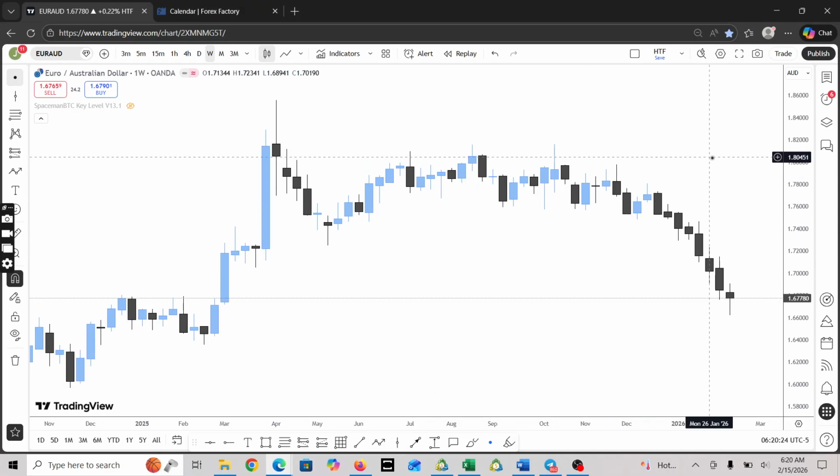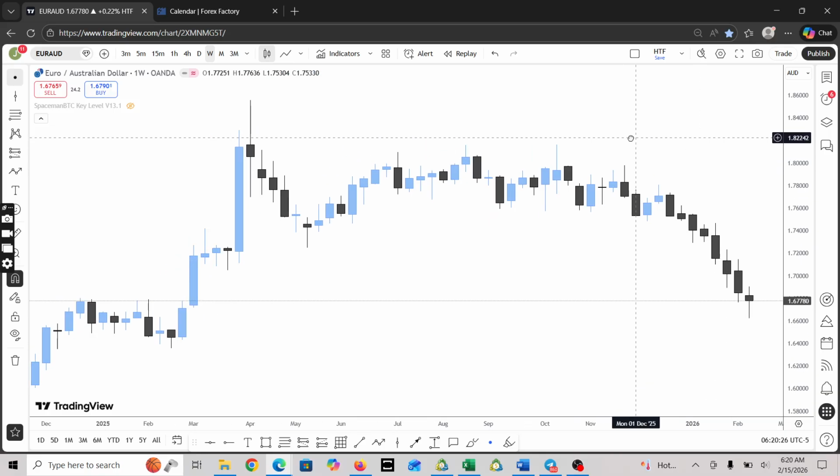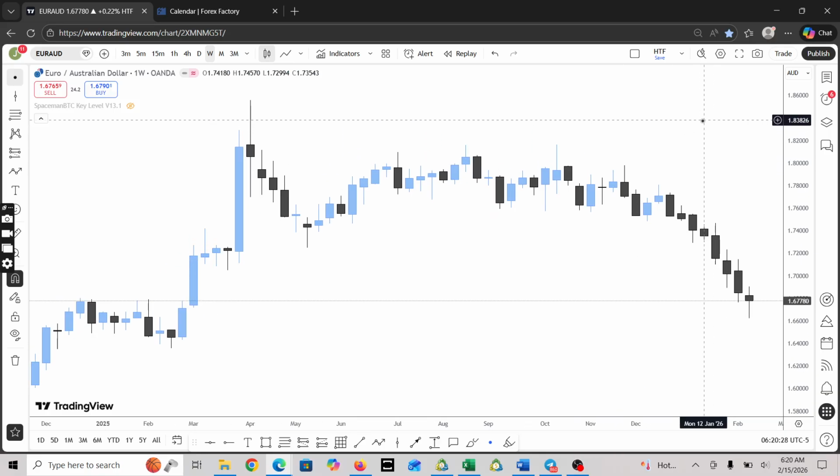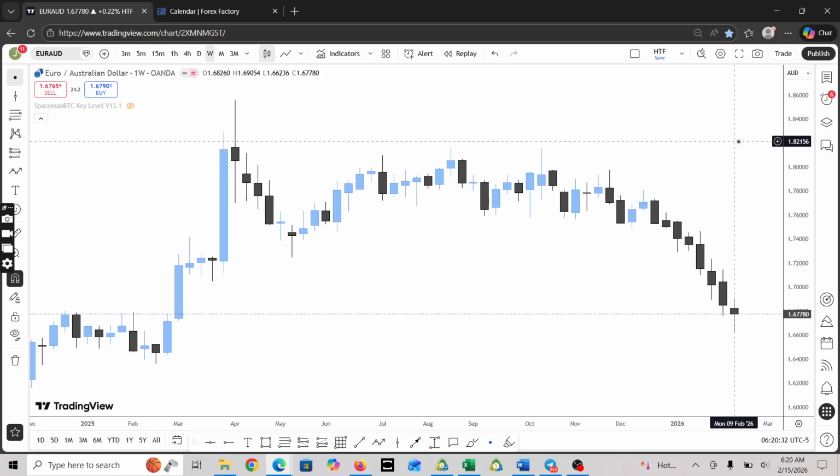Quickly, let's switch to that. So now, as you all know, last week was very tight in the majors as the price action was very choppy, consolidating, and all of that. So I switched to the crosses, and this was one of the charts that I looked at.